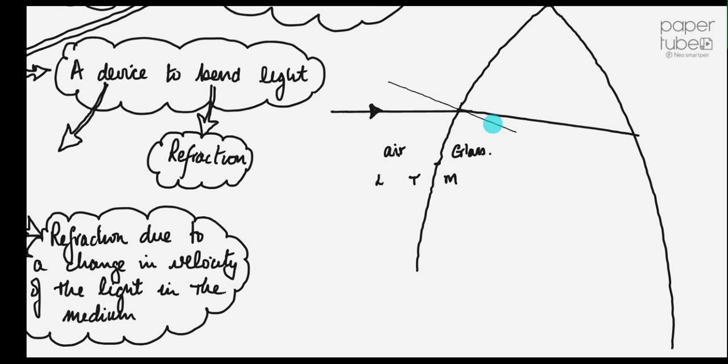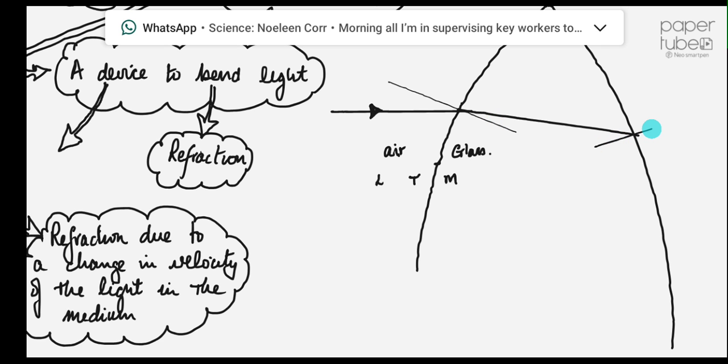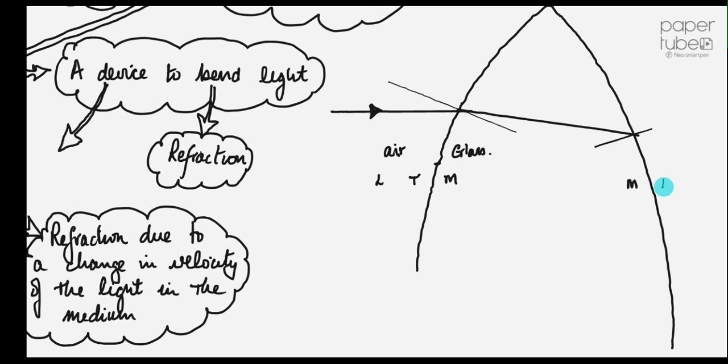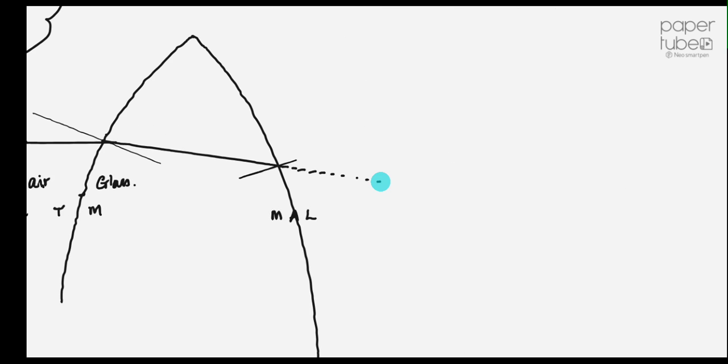Now I'm going to draw another normal at this interface. Right, so we're now going from more dense to less dense, so it'll be away from the normal. It should go straight like that, but it doesn't. It bends away from the normal, like so.